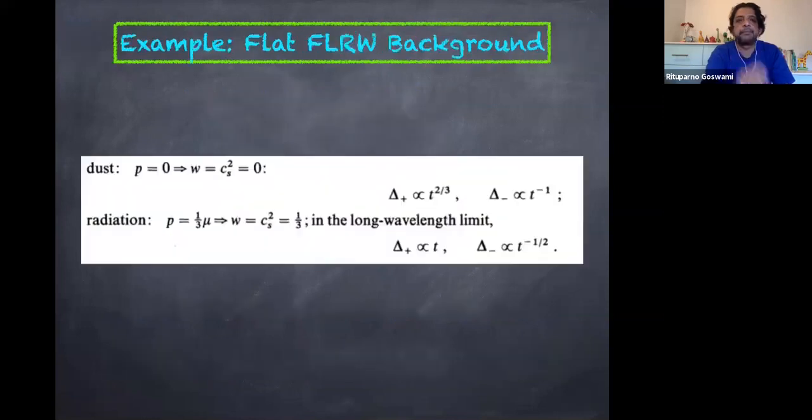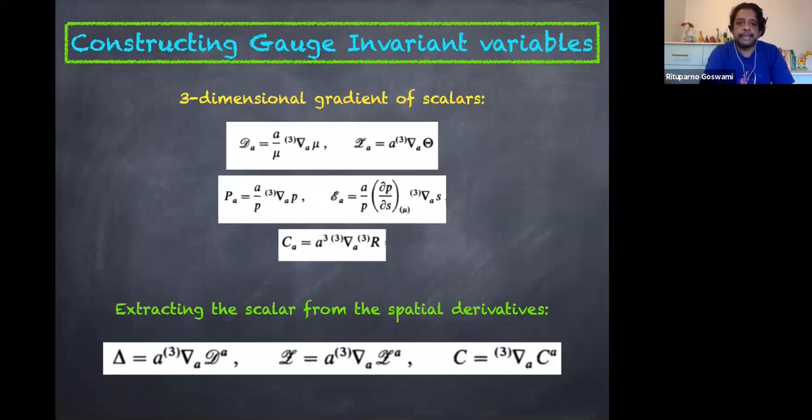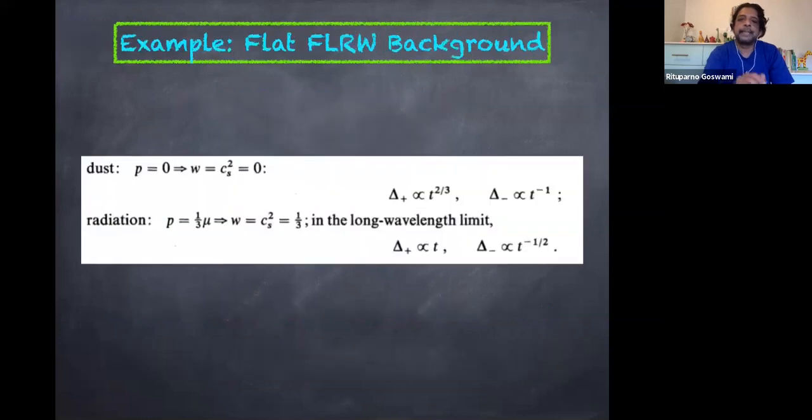Just to give you an example, for dust, when pressure is 0, the measure of the energy density perturbation, delta, which is the scalar perturbation of the energy density, has 2 modes. The growing mode goes as t to the power 2/3, and the decaying mode goes as t to the power minus something, I cannot see it anyway. And similarly for radiation, it's very similar.